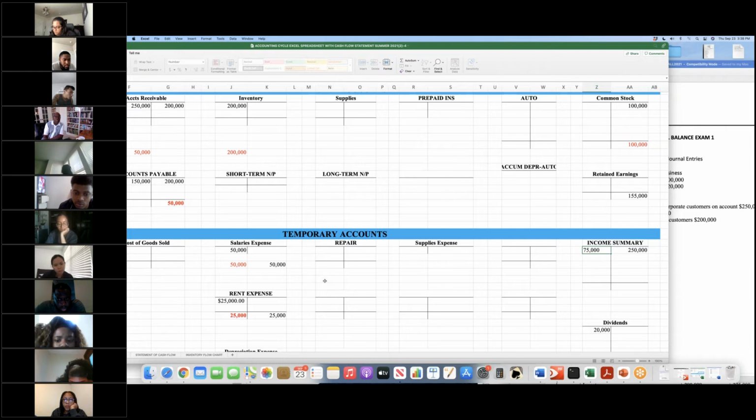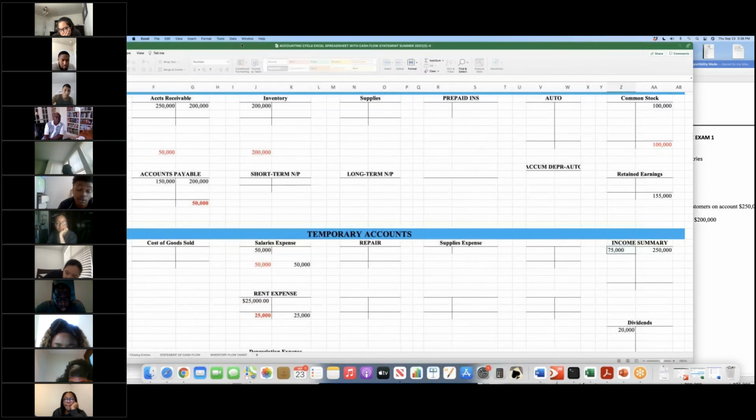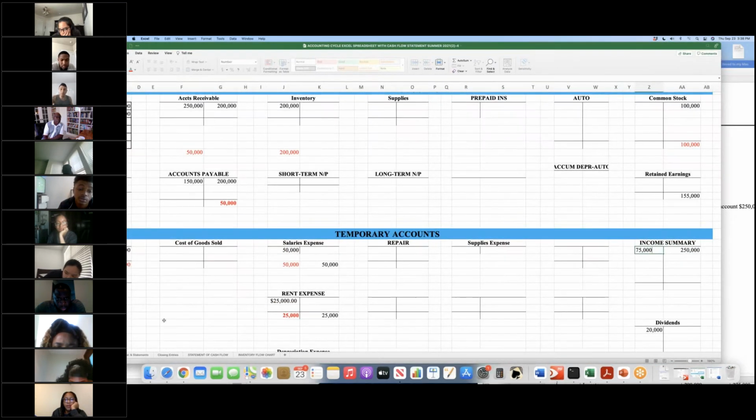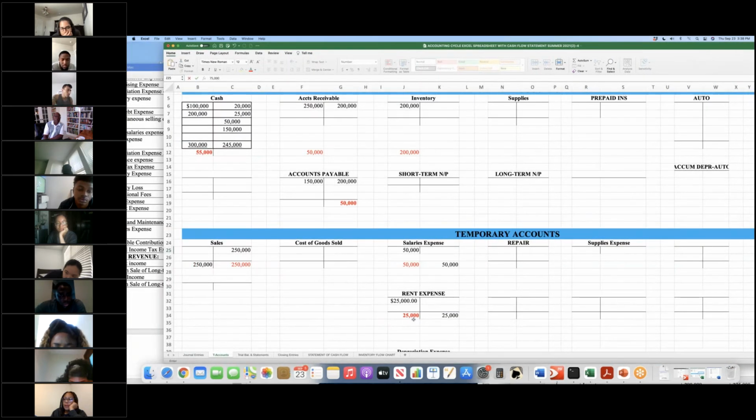So we don't want all of these type transactions in retained earnings. What do you do to rent, sir? We credit it. If it has a debit in it, we credit it because we're closing it out, just like your bill with the university.